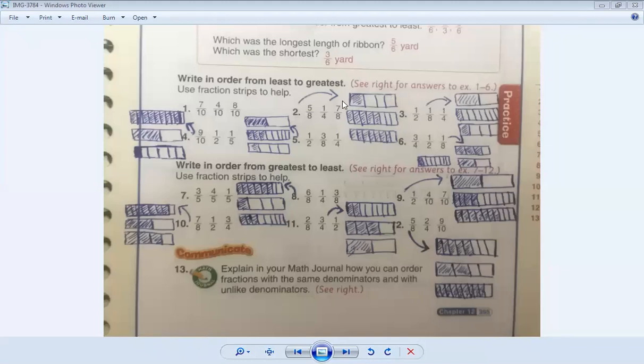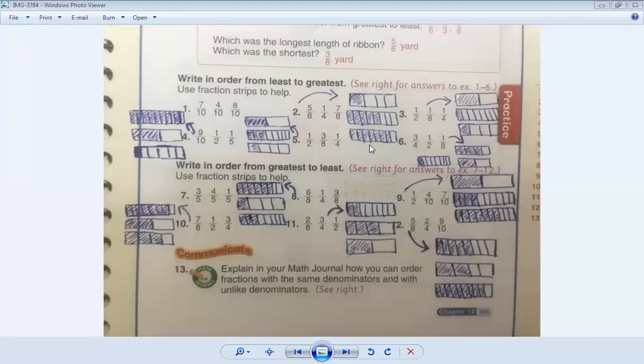First one, 1 out of 4. Second one, 5 out of 8, and the last one, 7 out of 8. Which one is the smallest one? You have to order from least to greatest. Yalla, give me the answer. Number 2. 1 out of 4. Very good.